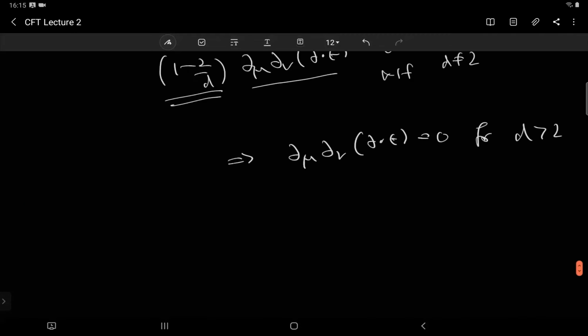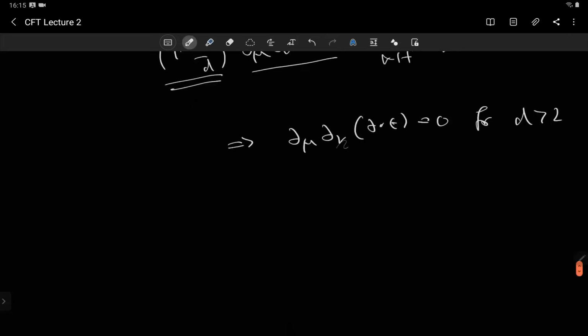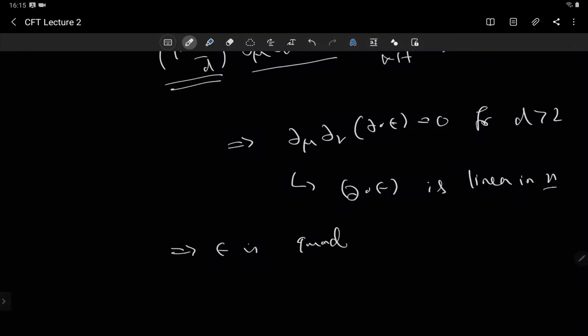But you see now what happens: this equation means that del dot epsilon is linear in x, because it's a quadratic equation. And this means that epsilon is at most quadratic in x. Because del dot epsilon is linear, epsilon itself must be at most quadratic; it can't be more than that.